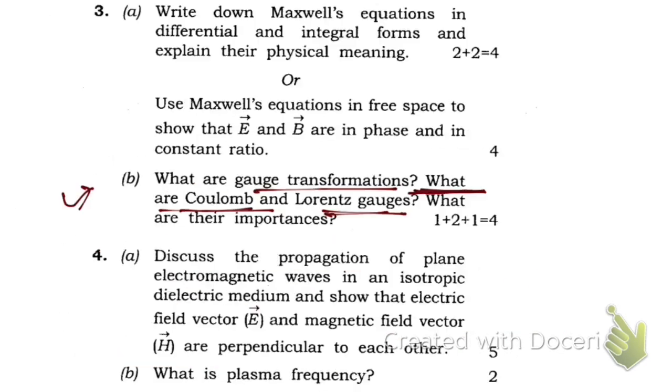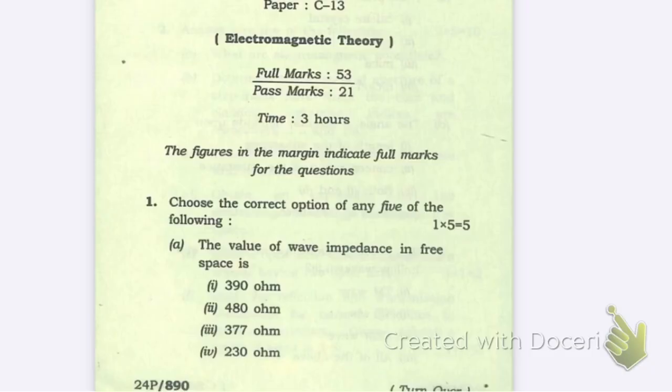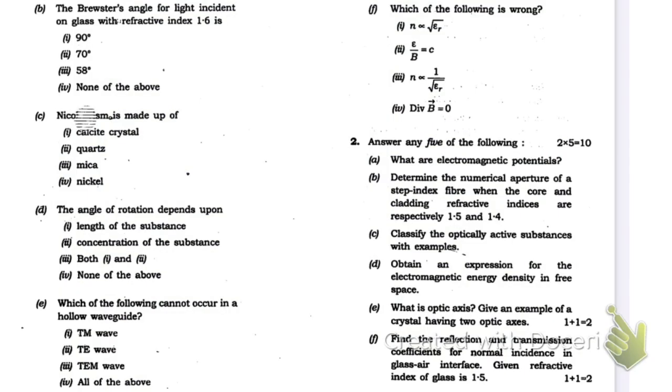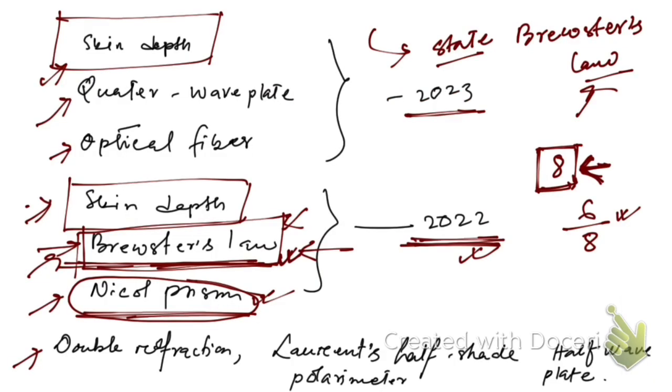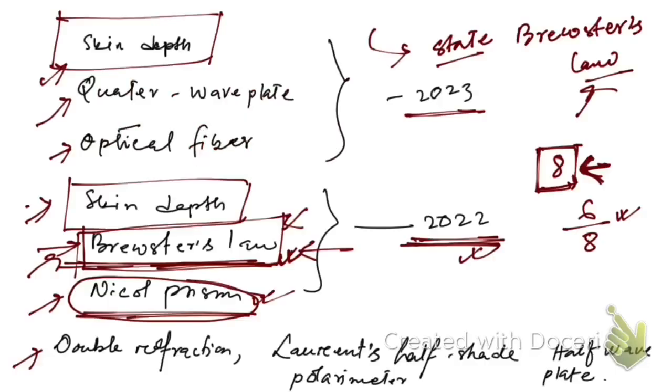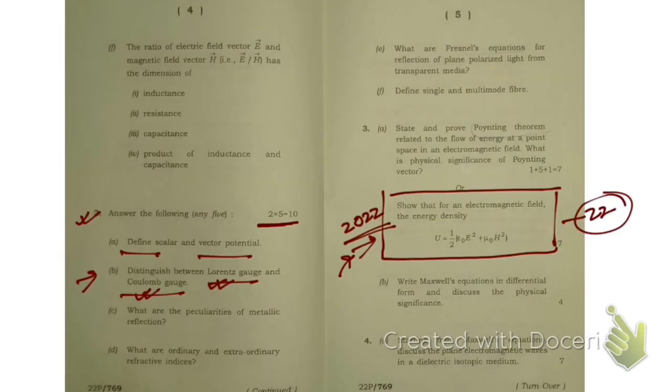I haven't seen it in 2023 and 2024 as well. So it must be important for 2025. So this question, you see, was asked in 2022, and this is very important for this year.